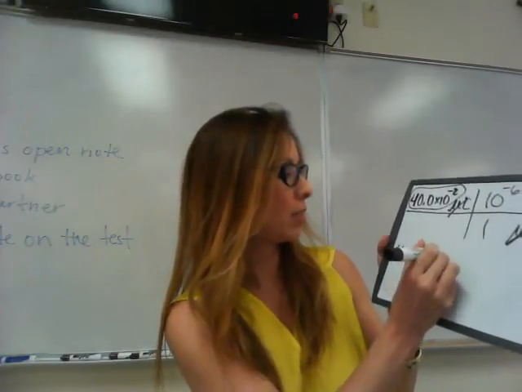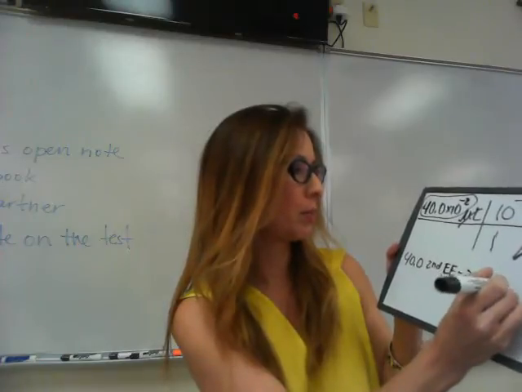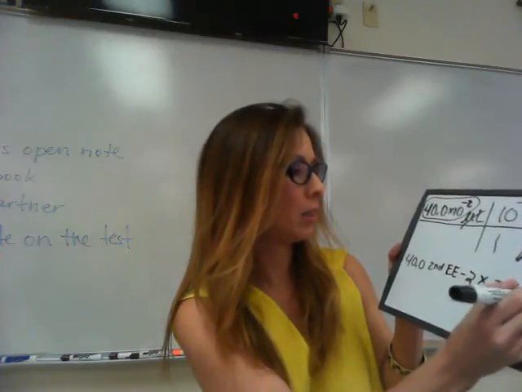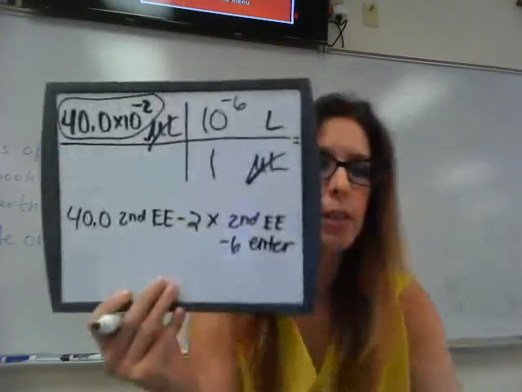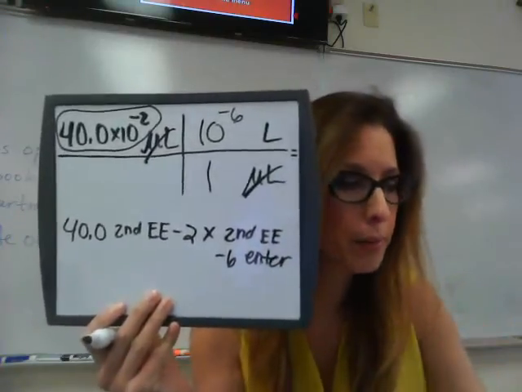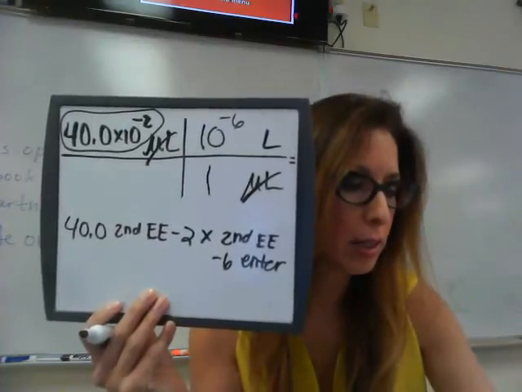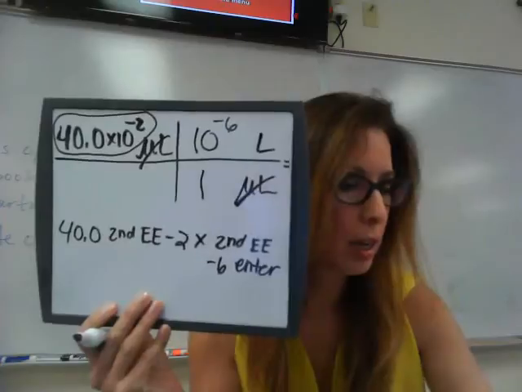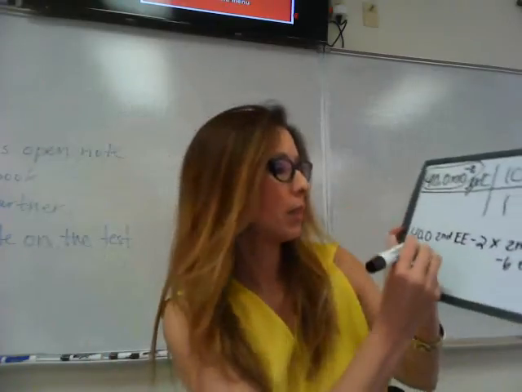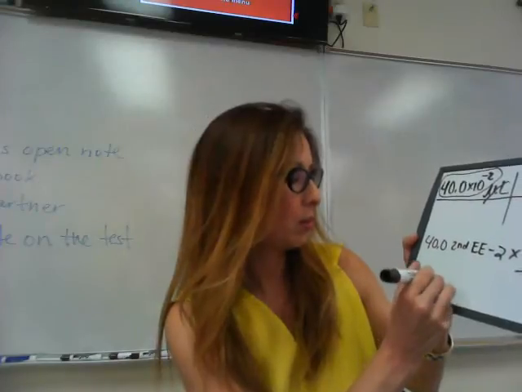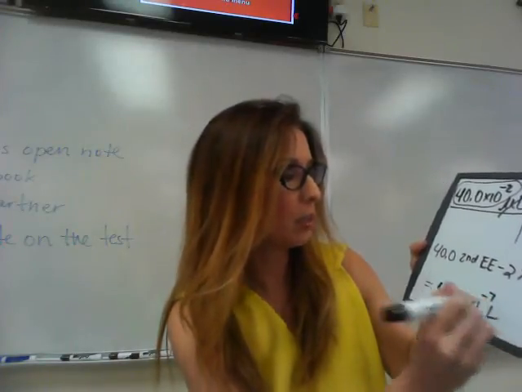So it's going to end up being 40.0 second e negative 2 times second e negative 6, enter, like this. So 40.0 second e negative 2 times second e negative 6 is 4 times 10 to the negative 7th liters.